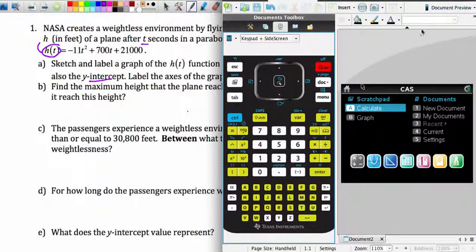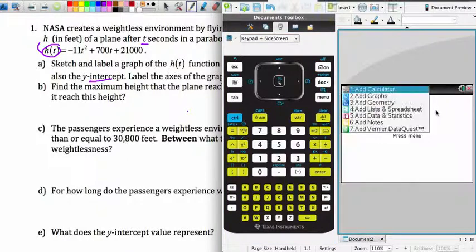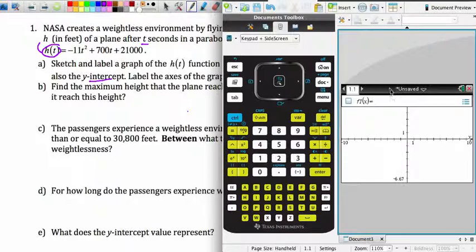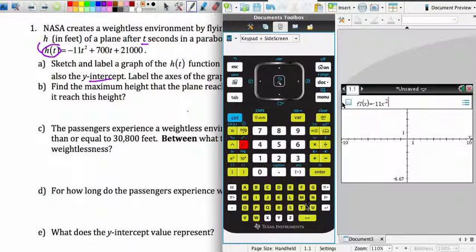Okay, so first things first, what I'm going to do is go onto the home page. I'm going to start a new document, and I need a graphs document in this case. I'm going to type in my function, and so minus 11x squared. Remember, there is a t on here, but you don't use that.